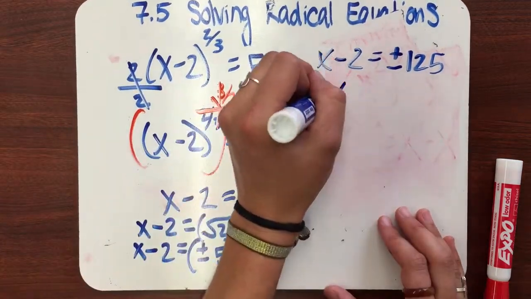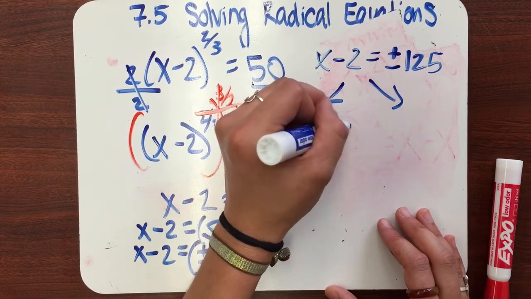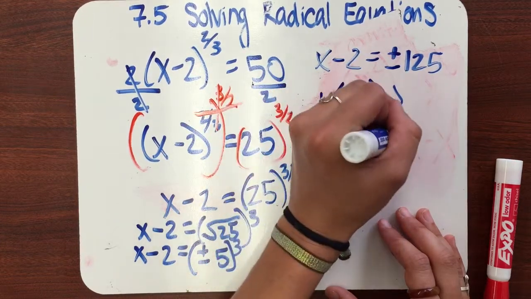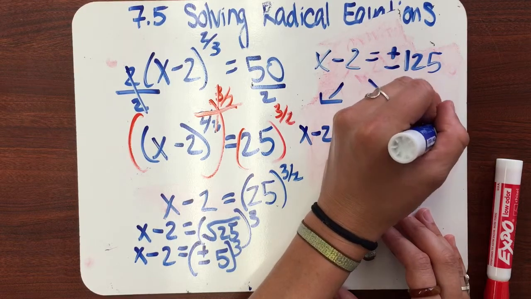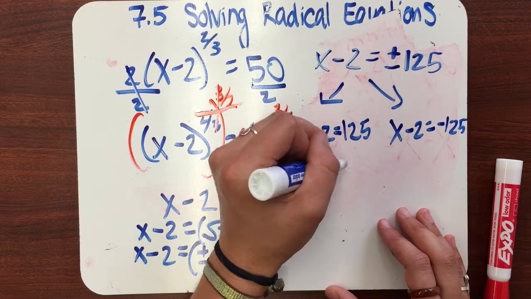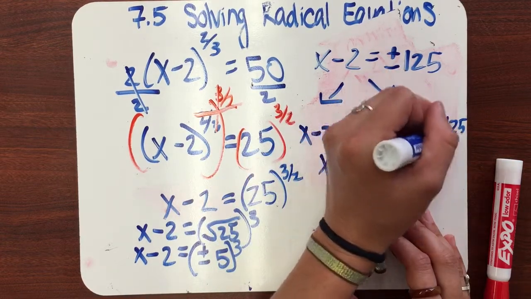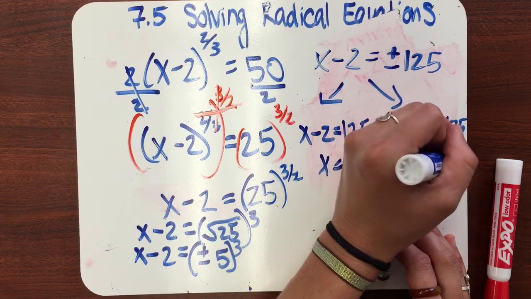And then we'll break it up. So we have x minus 2 equals a positive 125, and x minus 2 equals a negative 125. Add 2 to both sides, and we get x equals 127. And x equals, add 2 here, negative 123.